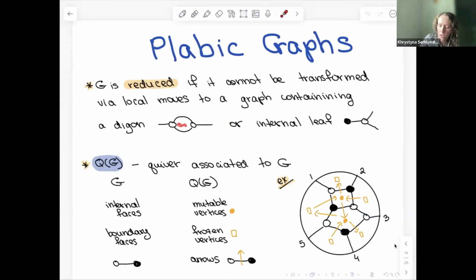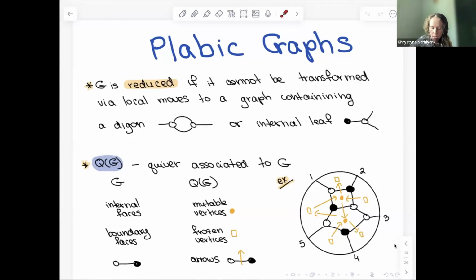A digon is just two vertices and two edges between them, and they can be of any color. So we don't like that. And moreover, we don't want to see any internal leaves. So something like this. There can be stuff here, but we don't want this sticking out. From now on, if I forget, we're really just talking about reduced plabic graphs. These are the nice ones.